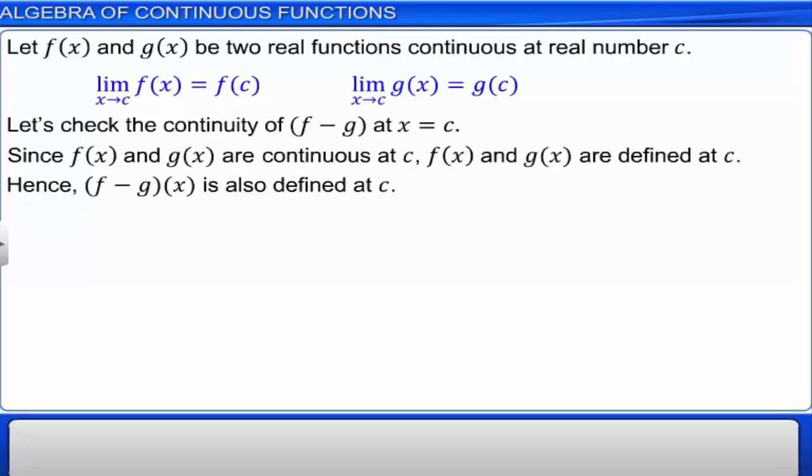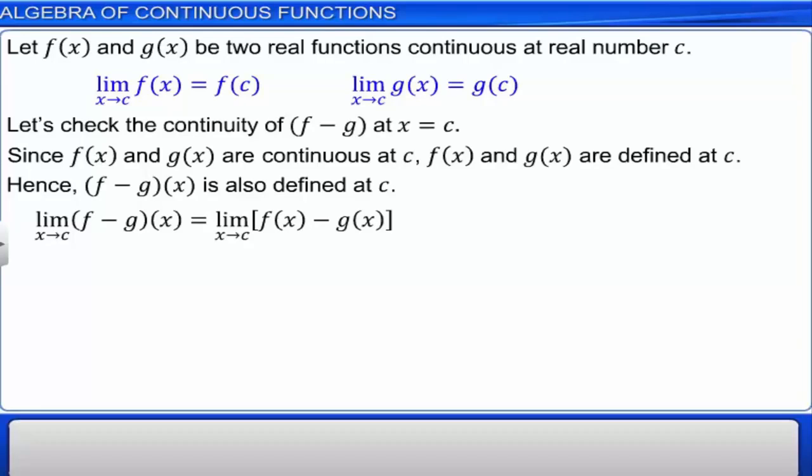So the limit of (f minus g) of x as x approaches c can be found. Therefore, (f minus g) of x can be written as f of x minus g of x.